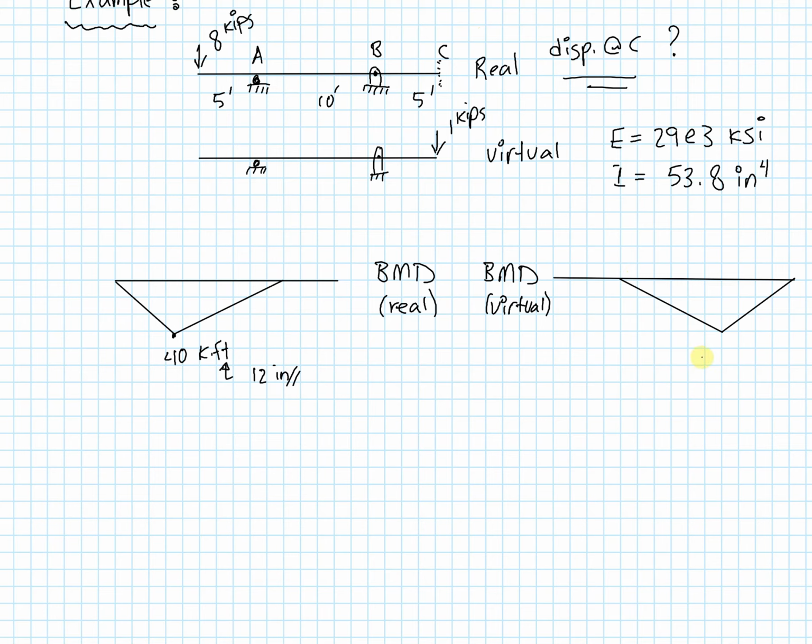There will be a magnitude of 5 kip-feet at this location here. Okay, so now we have the BMDs for the real structure and the virtual structure, and the question is, what do we do next?